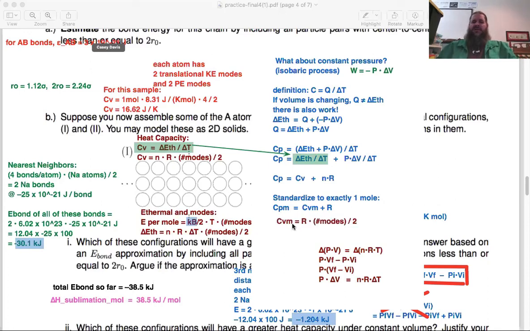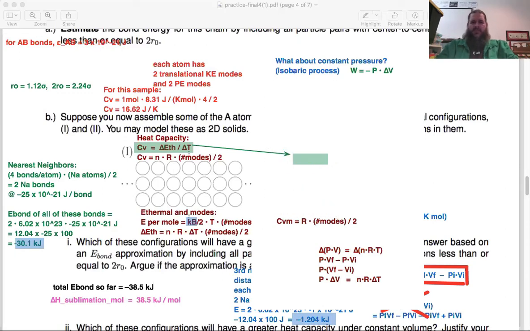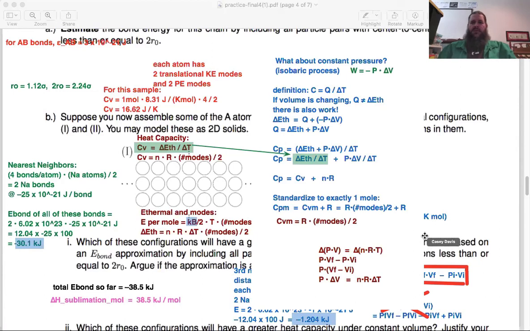So if you're talking about exactly 1 mole, the constant volume molar heat capacity is R times number of modes over 2. The constant pressure molar heat capacity is that much plus an extra R. In other words, R times number of modes over 2 plus an extra R. So that's how you can calculate the molar constant volume heat capacity of any substance, and specifically a gas we'd usually be talking about, and the molar constant pressure heat capacity of the same gas.